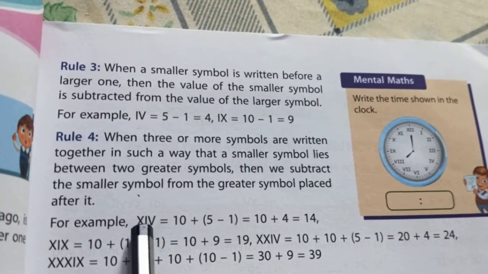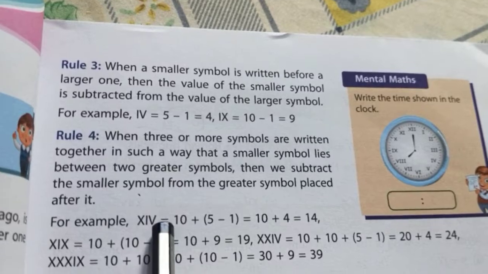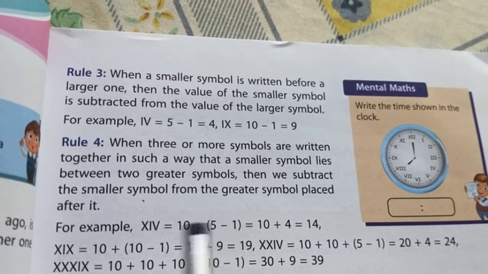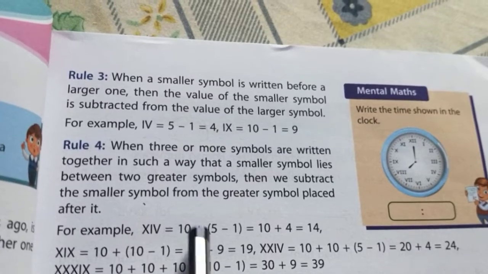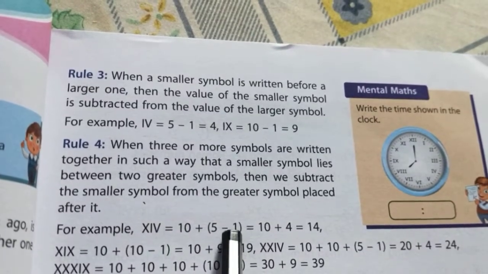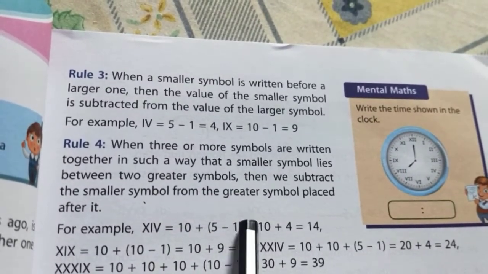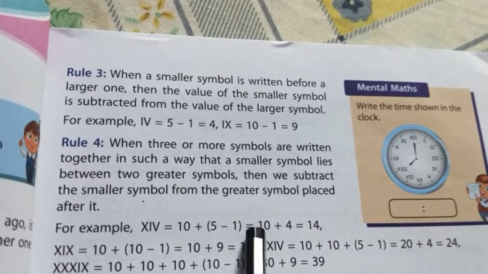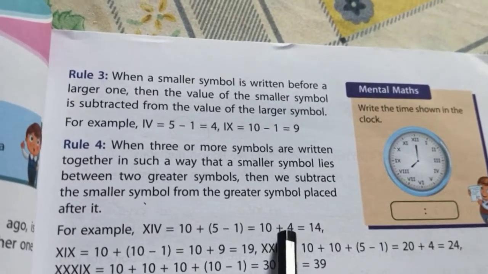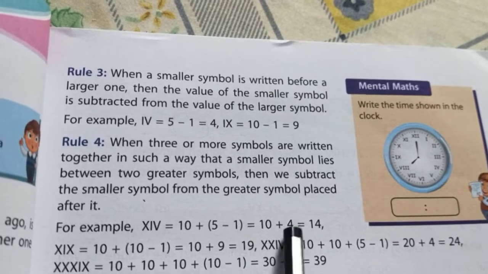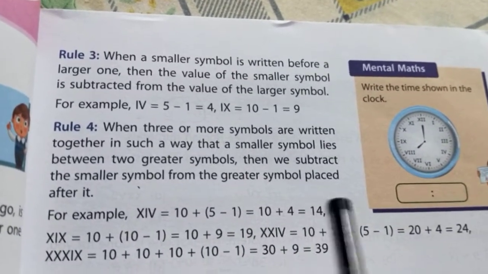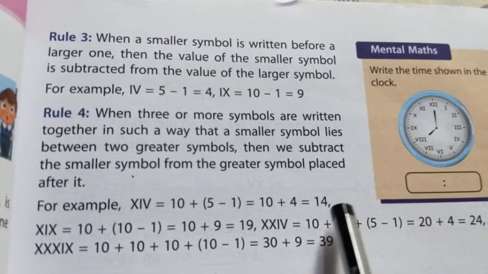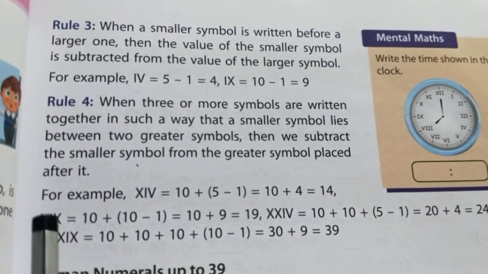Here X is equal to 10, V is equal to 5. So you write 10 plus (5 minus 1), which will be equal to 10 plus 4. 5 minus 1 is 4, so it will ultimately be equal to 14.